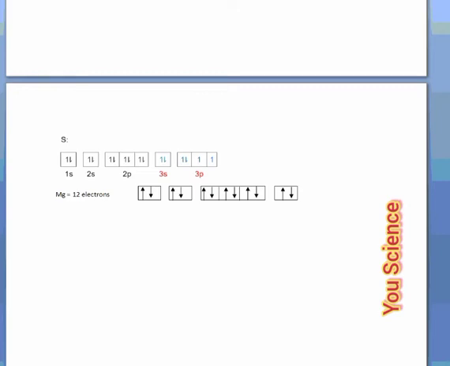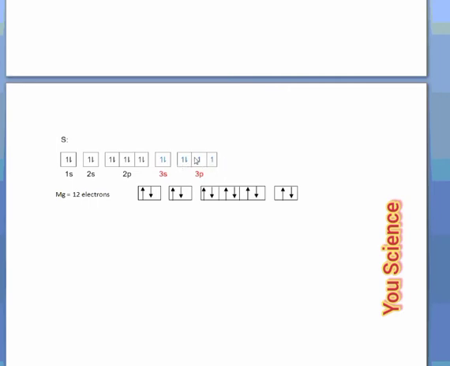Next is the electronic configuration of sulfur and magnesium. So this is the electronic configuration of sulfur. Sulfur is clearly a p block element because all the electrons end in the p orbital. So if you look at this, you will see that the 3p orbitals, the px orbital, the py orbital and the pz orbital are not all filled. So we have two unpaired electrons here.